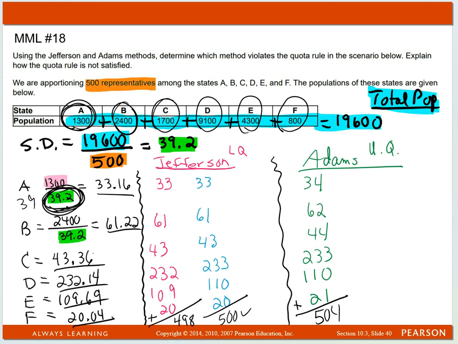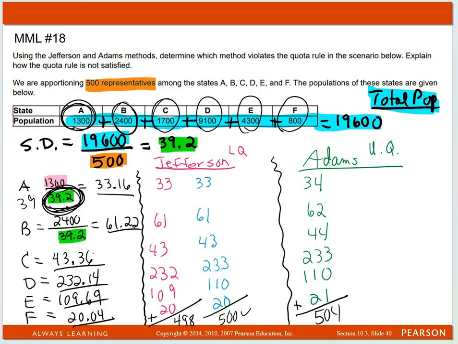So then I tried 39.5 and then I tried 39.4 and it finally worked. I had to try a couple. I wanted to try a whole number. I was like, 39.2, let's just go up to 40. Yeah, and it was too big. It still didn't give me 500. I think it gave me like 503 or something.